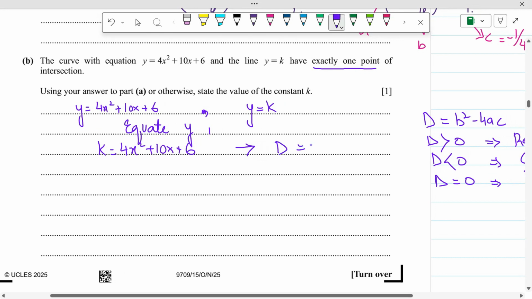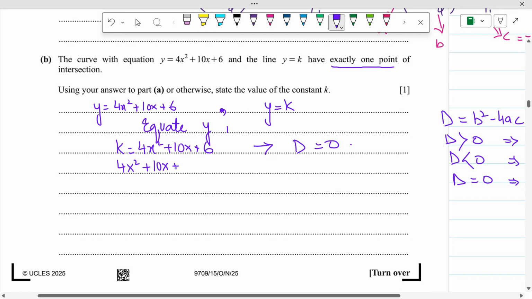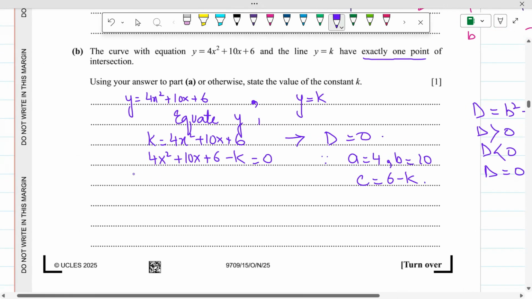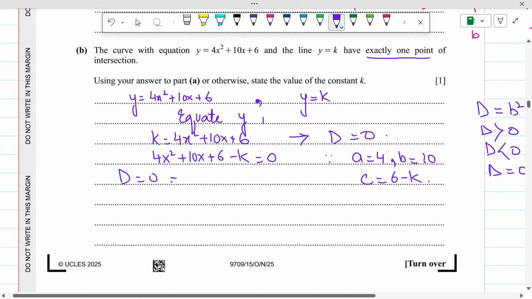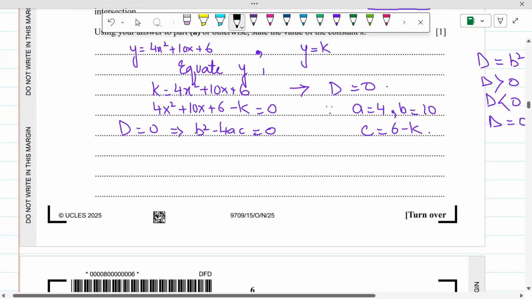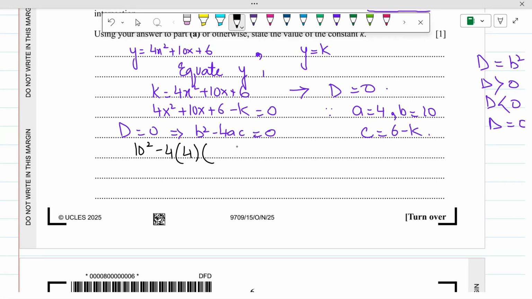So if there is only one intersecting point, the discriminant of this quadratic equation will be 0. So we have 4x² + 10x + 6 − k = 0, and in this case a = 4, b = 10, and c = 6 − k. The discriminant is equal to 0, meaning b² − 4ac = 0. Plugging in a, b, c, we will have 10² − 4 times 4 times (6 − k) = 0.